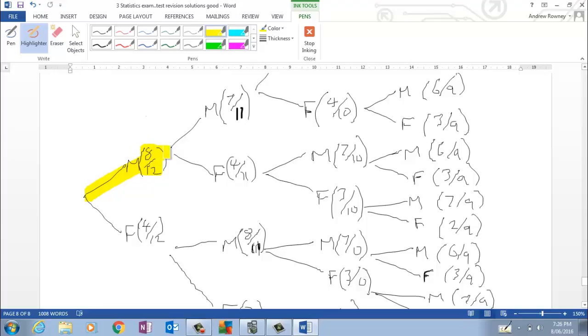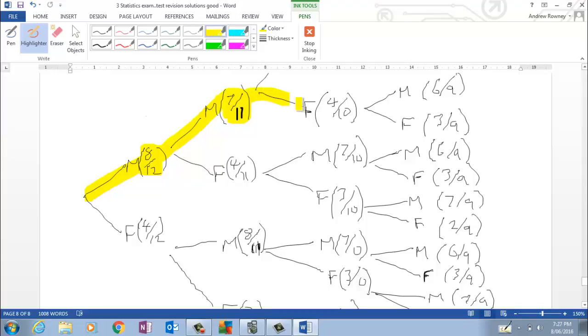Let's say you want the second rider to be a male, then the probability of that happening is 7 out of 11, because you've chosen one, you're not replacing that one, so the pool of 12 is reduced to a pool of 11. You've also lost a male, so you've only got 7 to choose from. So 7 out of 11 is now the second male probability.